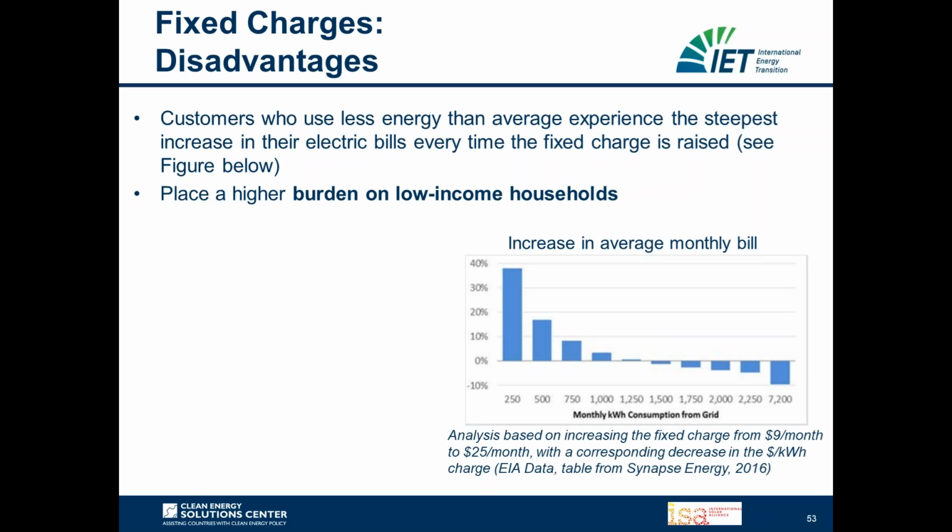For the low consumption household with just 250 kilowatt hours per month, you can see an increase of the electricity price by almost 40%, whereas a household with a large electricity consumption can actually benefit from this and have a lower electricity bill. And this is probably not in line with most objectives of most policymakers around the world.